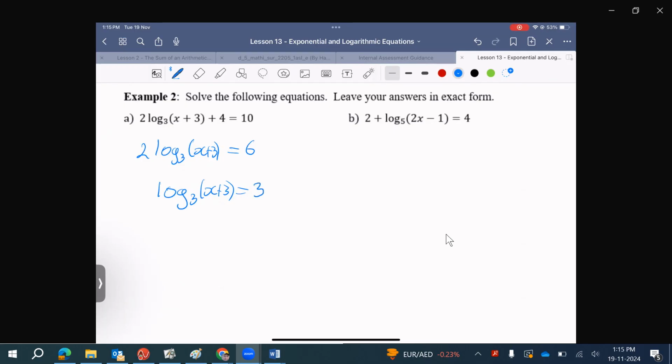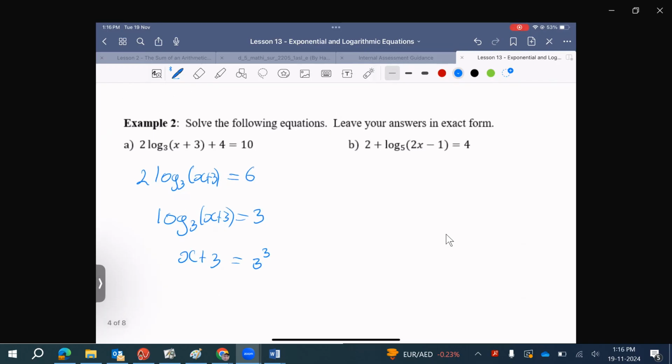All right, so there we go. We can see that one quite easily. We can convert now using the laws of exponents. So x plus 3 is going to be equal to 3 to the power of 3. Converting now at this point the other way.